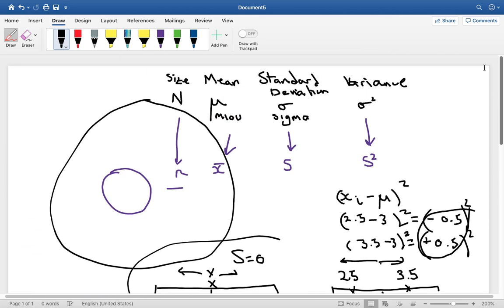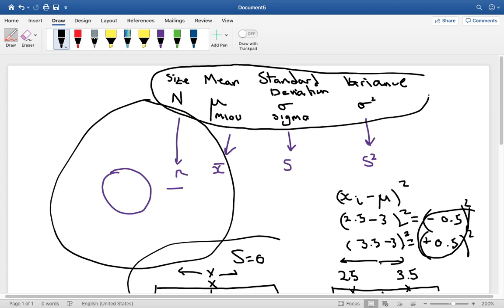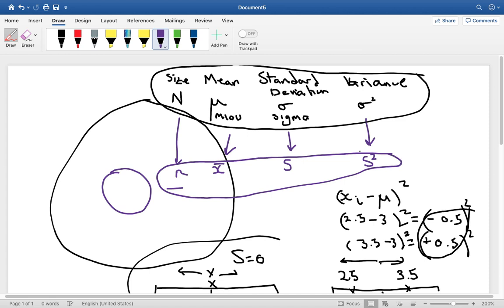These are the items that we use if we have a population, and if we have a sample, these are the equivalent items that we use. So when we look at it, we know exactly what it is that we are referring to. We can differentiate between the standard deviation of a population, it's going to be this figure up here, and this will be the standard deviation of a sample.